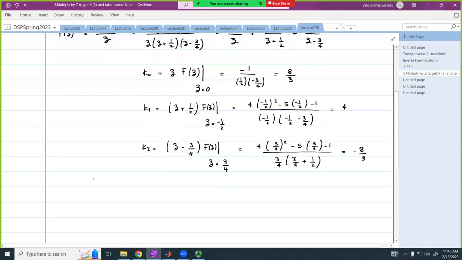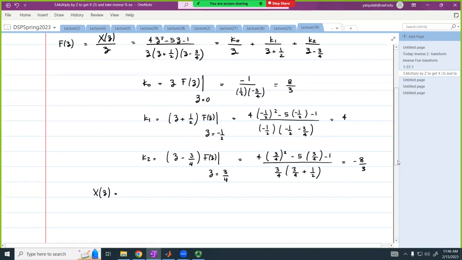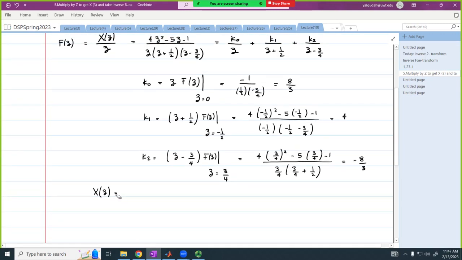So therefore, we can write x of z. What is x of z going to equal? Okay, let's do it in 2 steps.